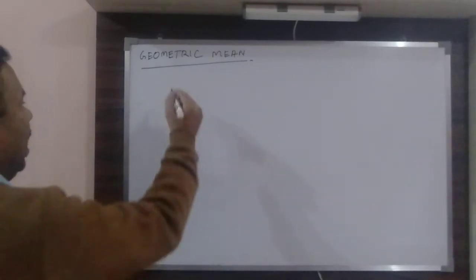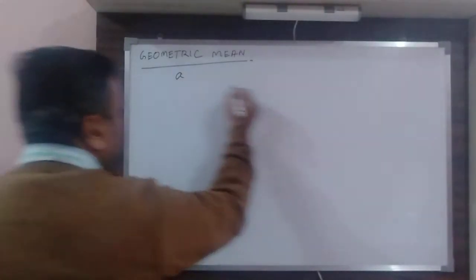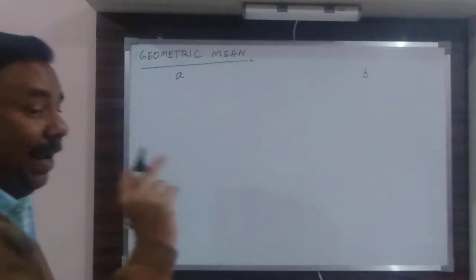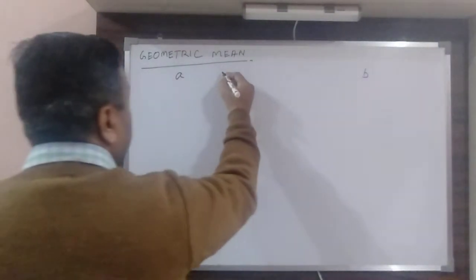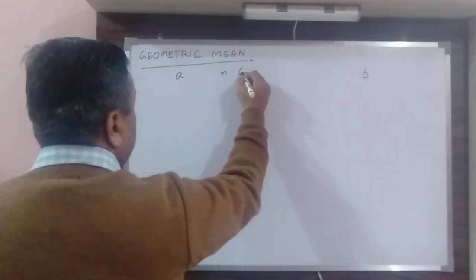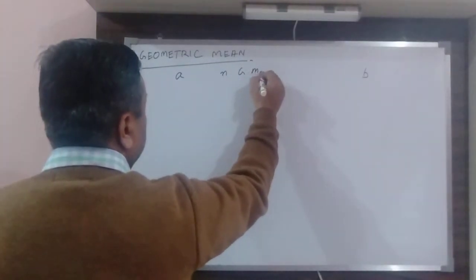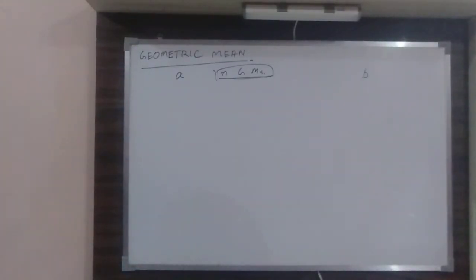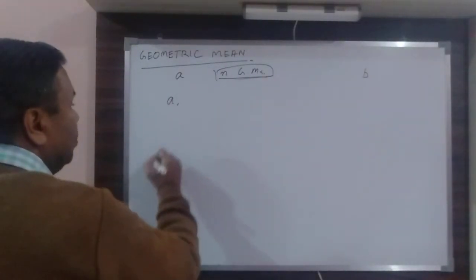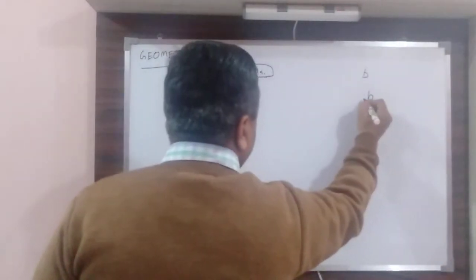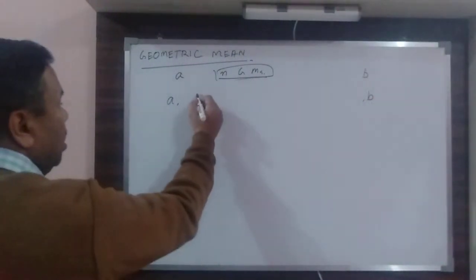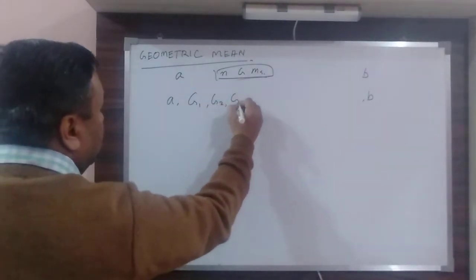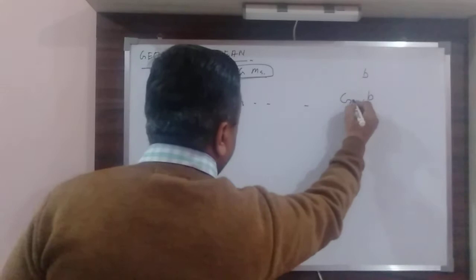So suppose that you have got two numbers A and B and you have to insert n geometric means. That means your new sequence will be A and B, and between these you will get n numbers: G1, G2, G3 up to Gn.